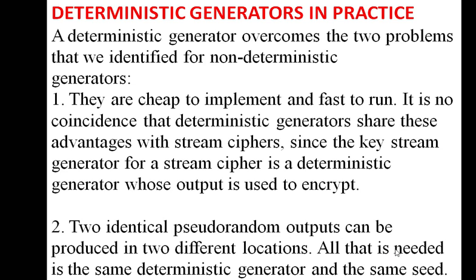All that is needed is the same deterministic generator and the same seed value. If one person generates a seed value, assume 110, and another person is in a different location, that person also needs the same secret key or seed value. So the generators will be the same.